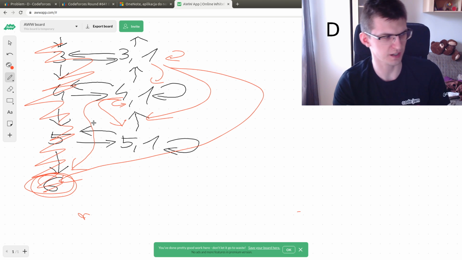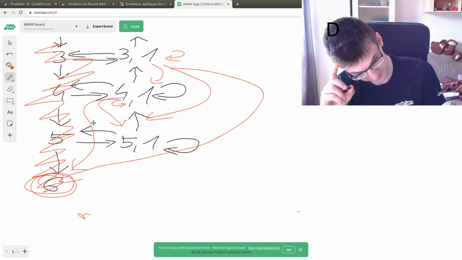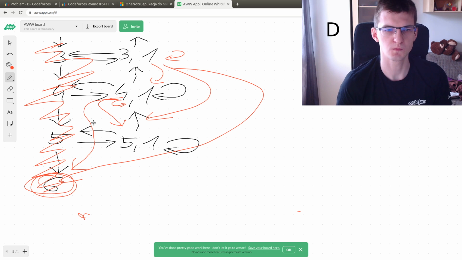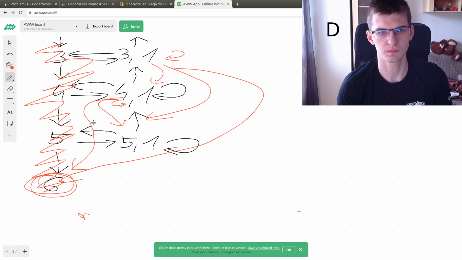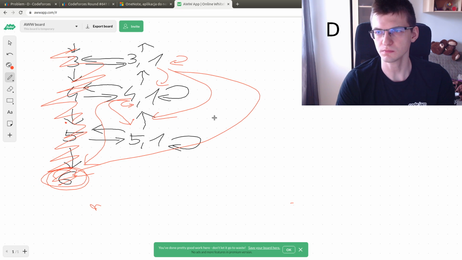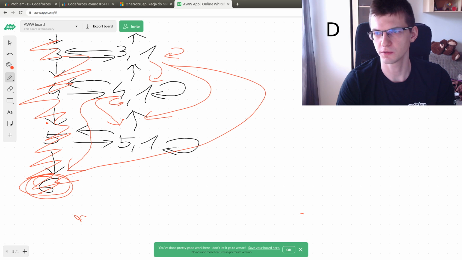I don't like this app. This drawing app is bad. Maybe I should increase the thickness. Can I move it around?